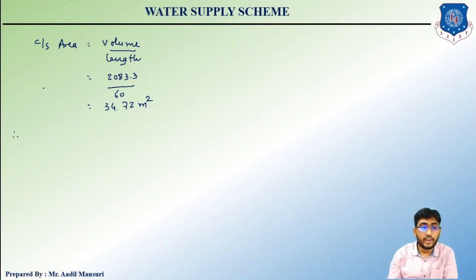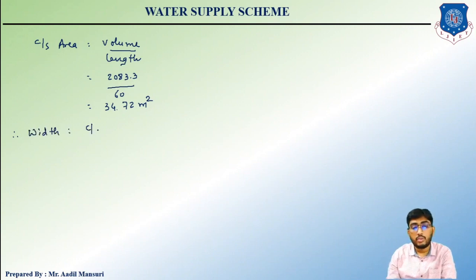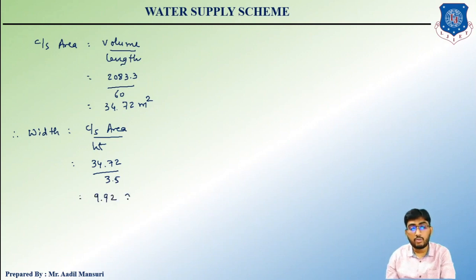Next step is to find out the width. Width will be cross sectional area divided by height that we have assumed. Cross sectional area is 34.72 and height that we have assumed is 3.5. So this will be equal to 9.92, which is approximately equal to 10 meters, right?